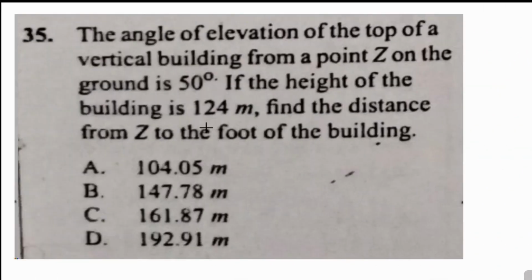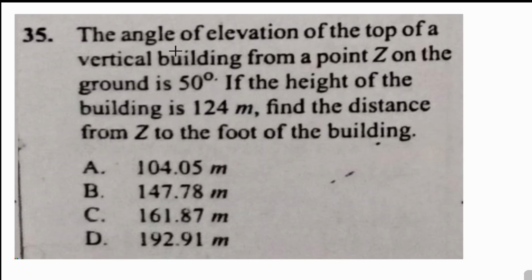And question 35 reads that the angle of elevation of the top of a vertical building from a point Z on the ground is 50 degrees. If the height of the building is 124 meters, find the distance from Z to the foot of the building. As usual, we'll try to identify the key facts that can help us solve this problem.